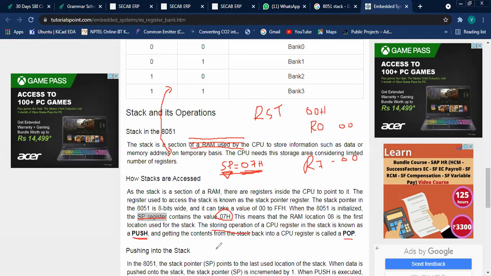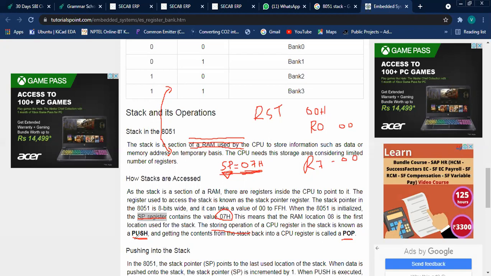Whenever the CPU wants to take the data back into some of the registers, that is called the pop instruction, popping the data from the stack memory into the general purpose register. Understood?